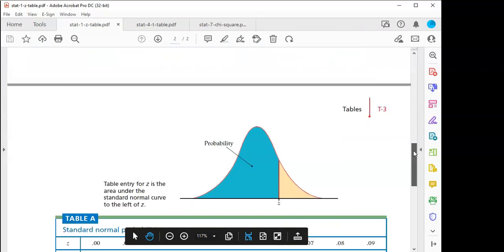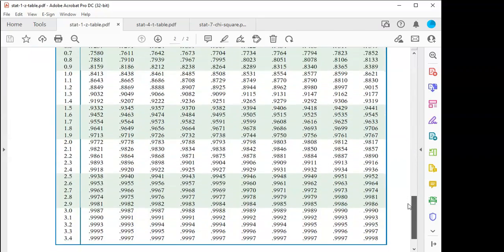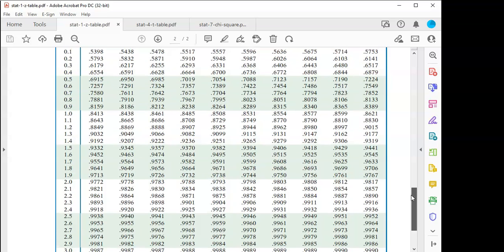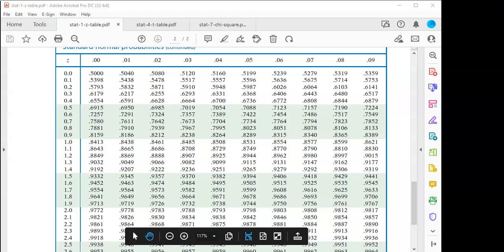Let's go to the second page and 95%. Where is it? Yes, right here. 1.64, 1.65 is a push right here. So 1.645 is the way to go.